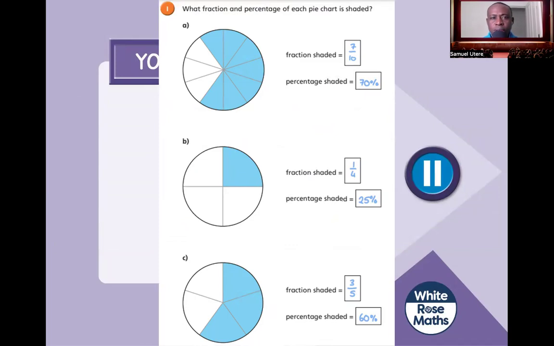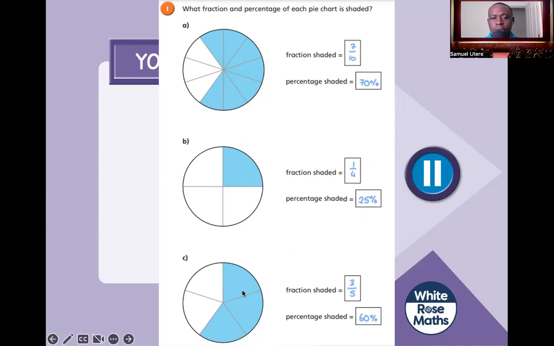Here we can see that the circle is divided into 10 equal parts and 7 parts are shaded. 7/10 represents 70%. For B, the circle is divided into 4 equal parts. 1 part is shaded, and you know by now that a quarter represents 25%.